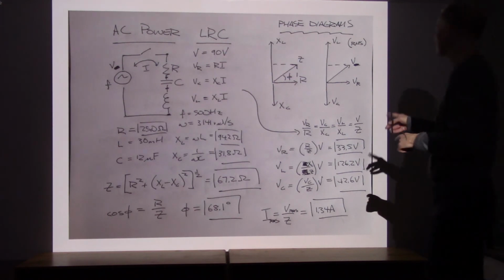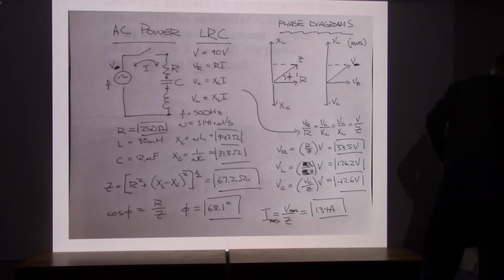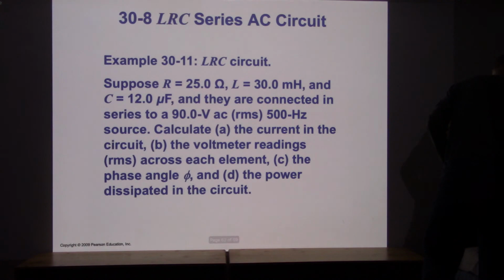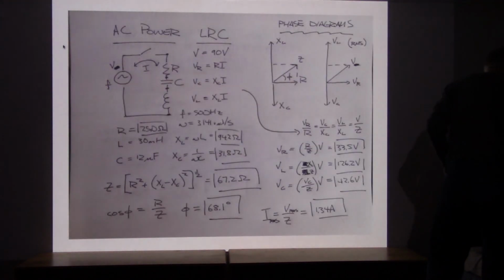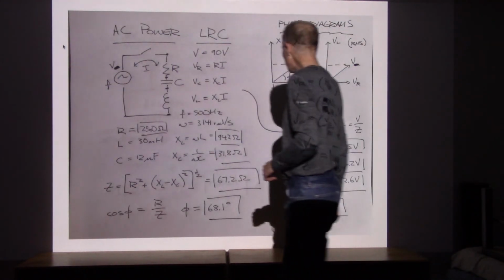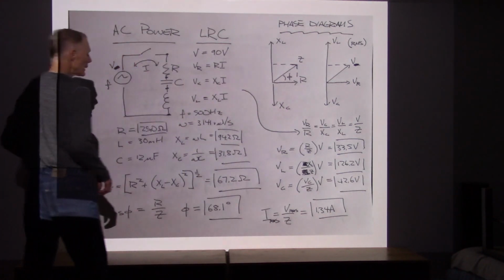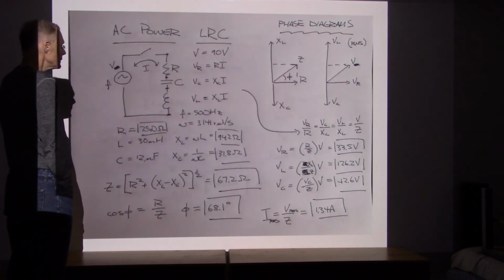Now, reading through this again, I missed one of these. Part D says, what's the power dissipated in the circuit? So let's take a look at that and see if there's a way we could backtrack a bit and see if we could add that in.